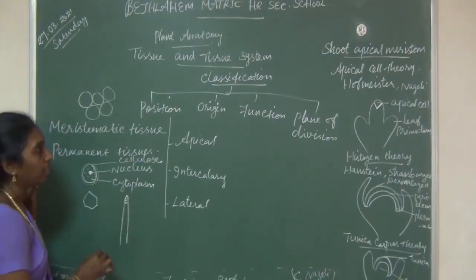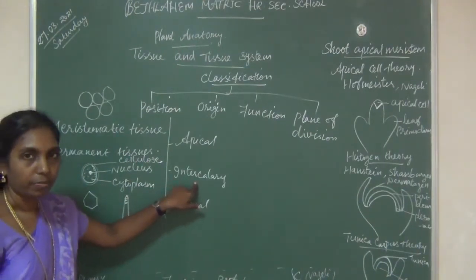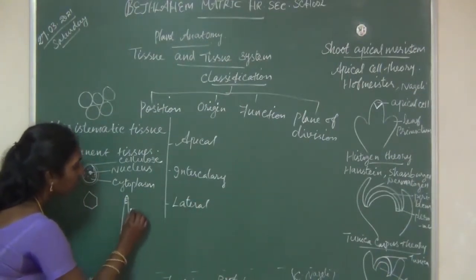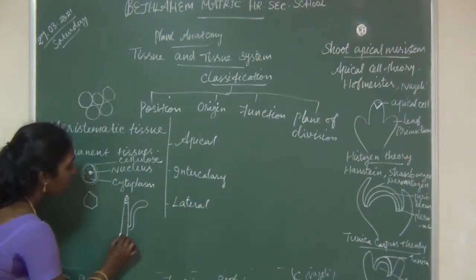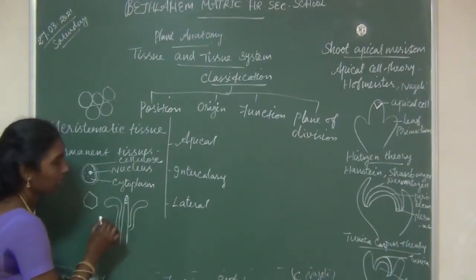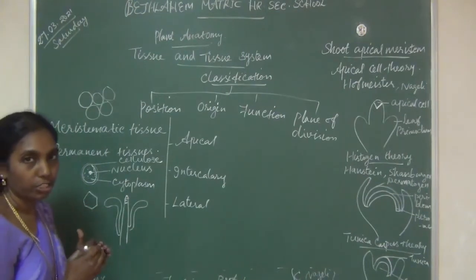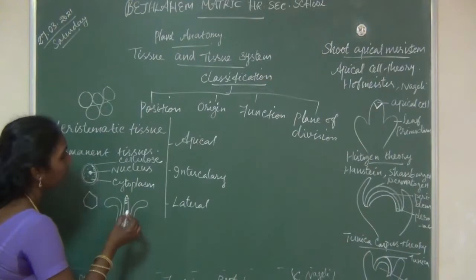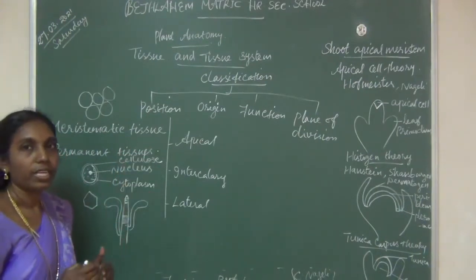Intercalary meristem is present in plants which consist of nodes as well as internodes. These are present in between the mature tissue, and are used for the intercalary elongation of the internodes.